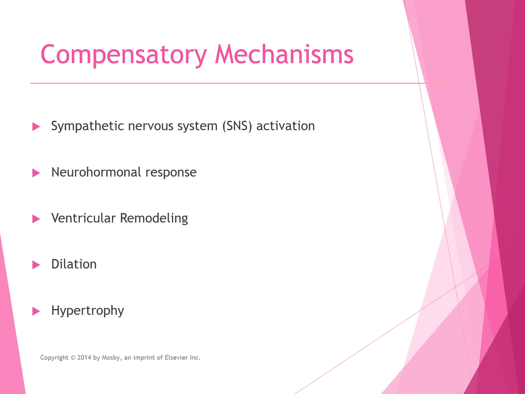And again, this is all fabulous for maintaining cardiac output, but my poor heart is already so overloaded. So it has an increase in afterload, which is happening with vasoconstriction. And then I also have an increase in preload because I'm increasing the amount of volume by sodium and water retention that's returning to my heart. So my poor heart is having to work so much harder with this neurohormonal response.